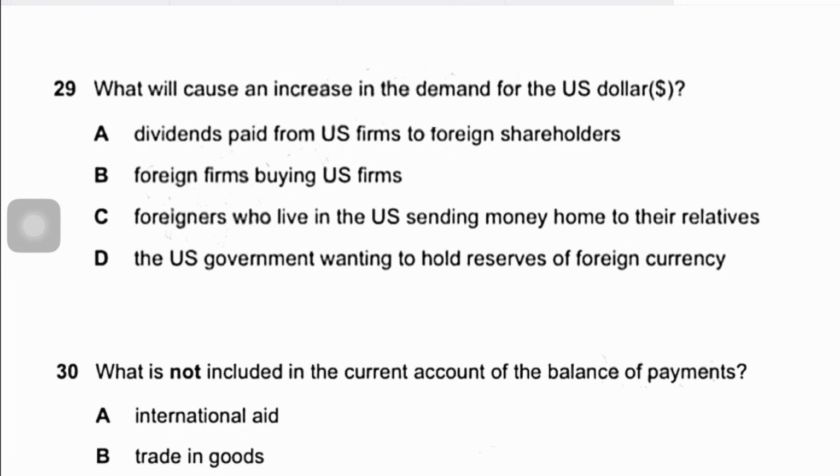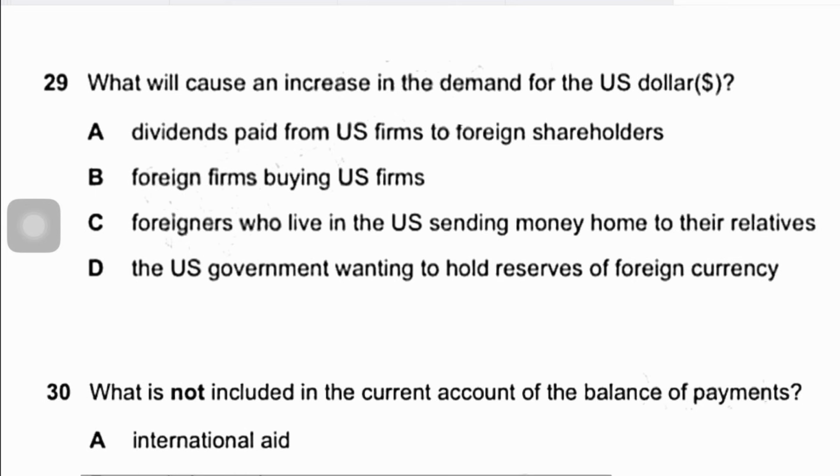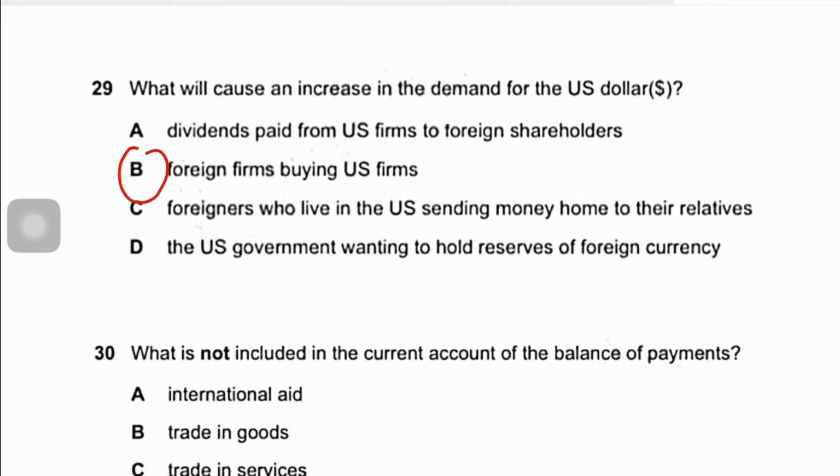Option B says foreign firms buying US firms. When foreign firms buy US firms, they will obviously need dollars to complete the transaction. This would increase the demand for US dollars, because they will convert their own currency into dollars to make that purchase, right? And hence this option will cause an increase in demand for US dollars, and it follows that B should be the correct answer.